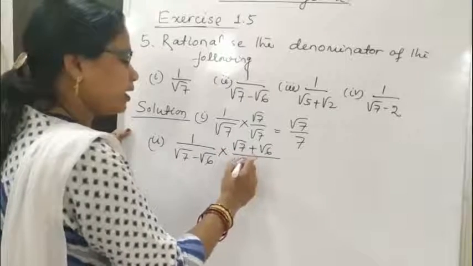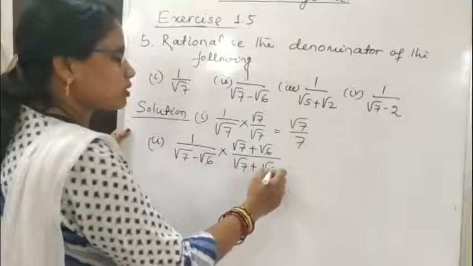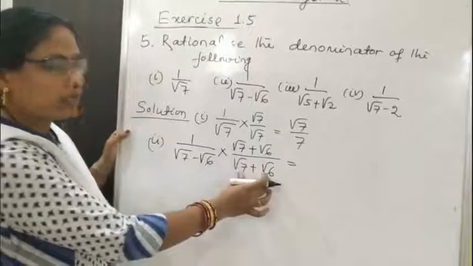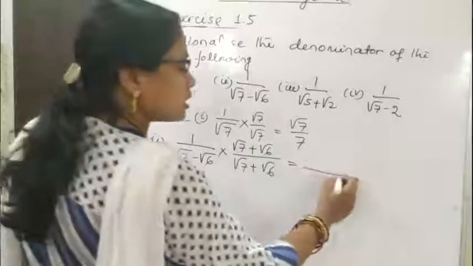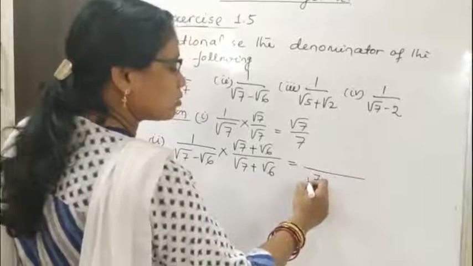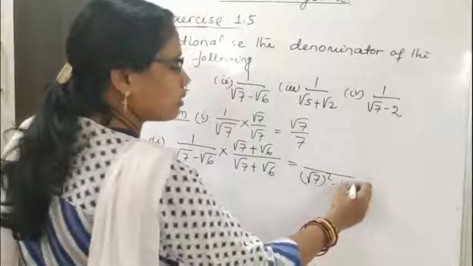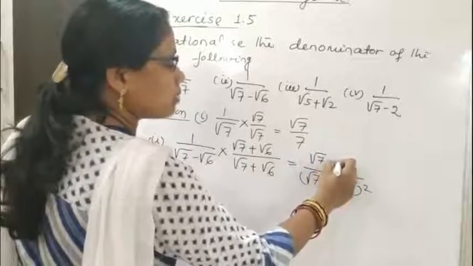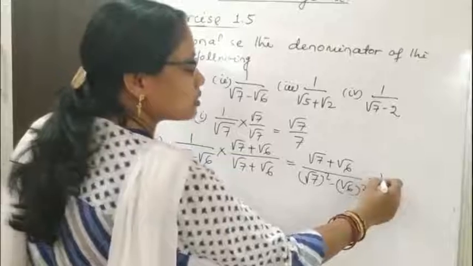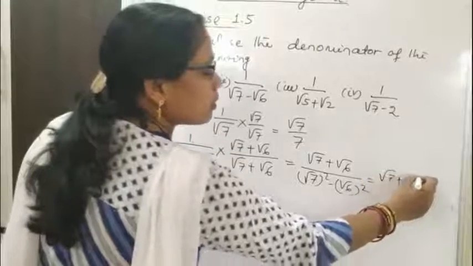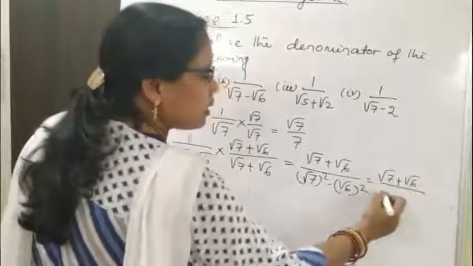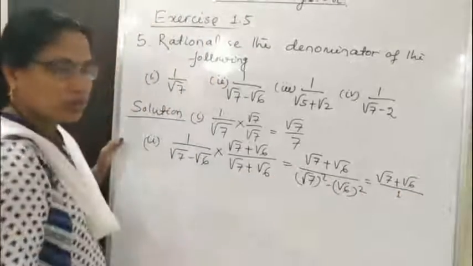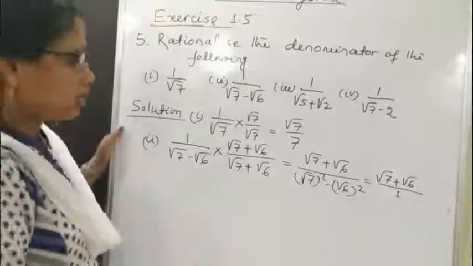In the denominator we get a minus b into a plus b, which is a square minus b square, so root 7 whole square minus root 6 whole square. In the numerator, root 7 plus root 6. So this is equal to root 7 plus root 6 divided by 7 minus 6, that is 1. So the denominator has been rationalized.